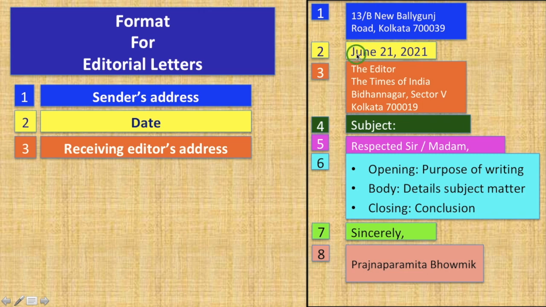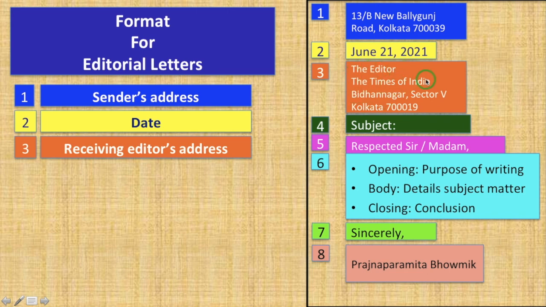Suppose today I am going to write this letter, so I have mentioned today's date, that is 21st June 2021. Then the receiving editor's address.